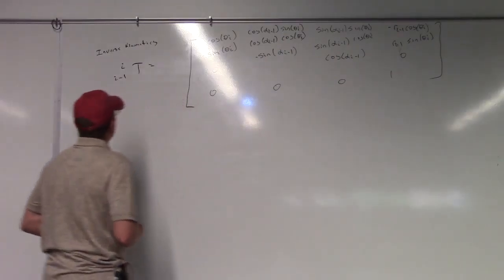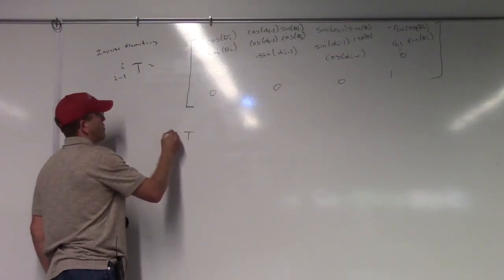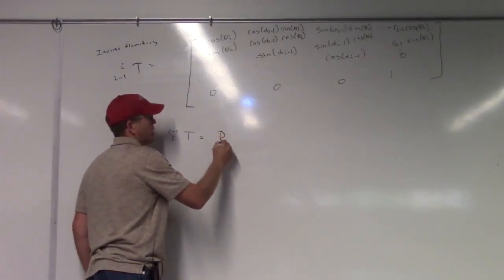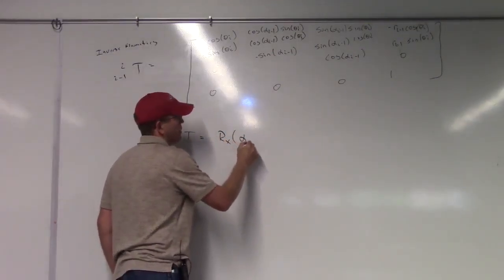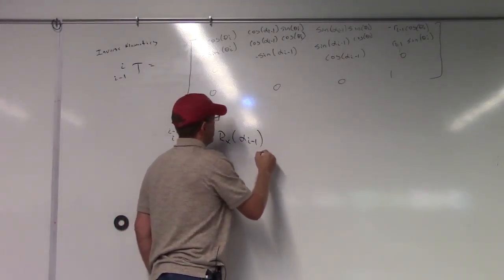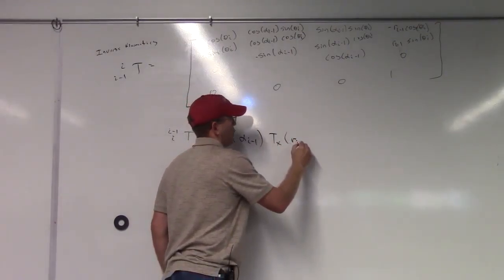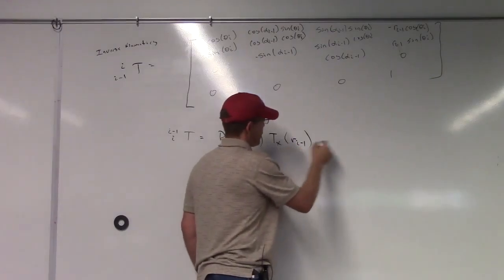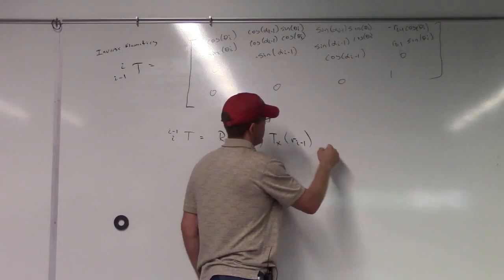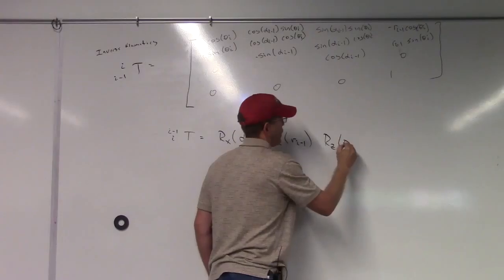We just got done saying that the transformation from the i minus 1 to the i joint is equal to, let's say, a rotation about x i minus 1 by alpha i minus 1, times a translation along x by r i minus 1, and then just a rotation about z by theta i.